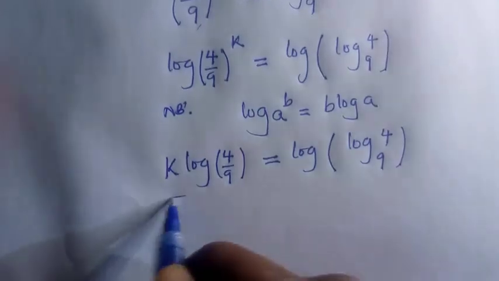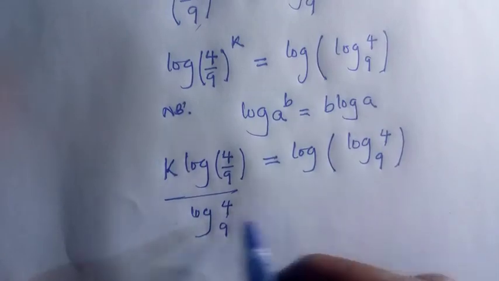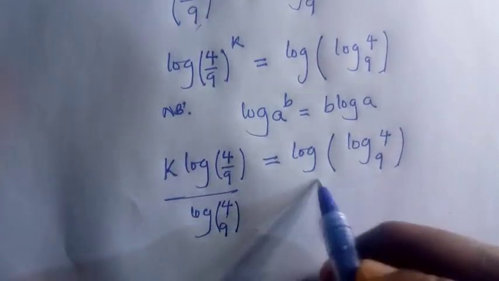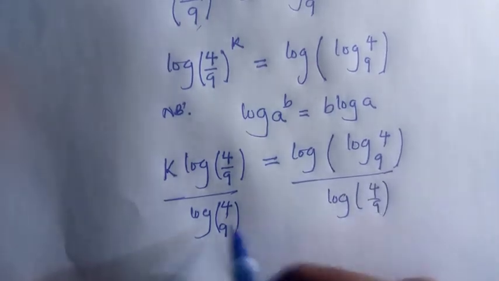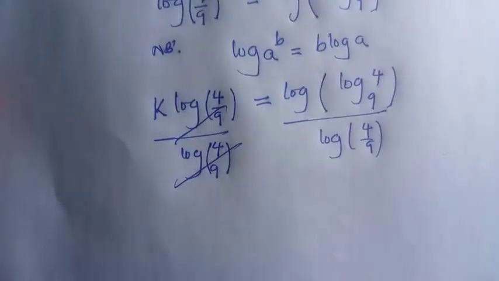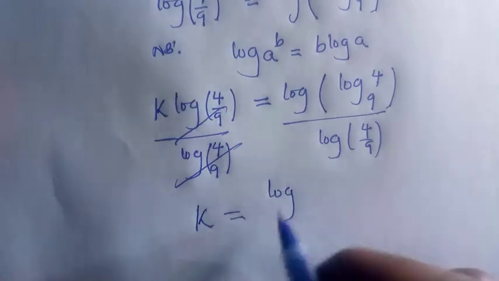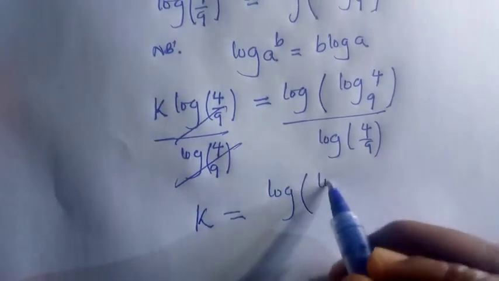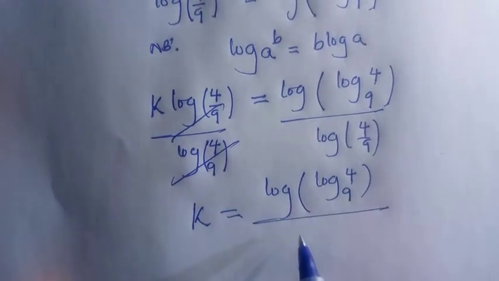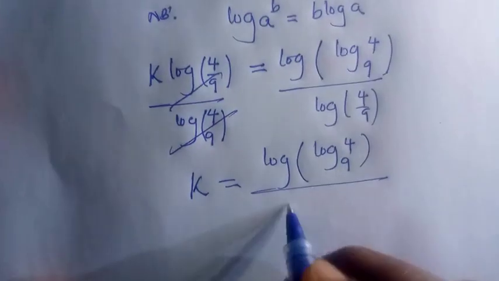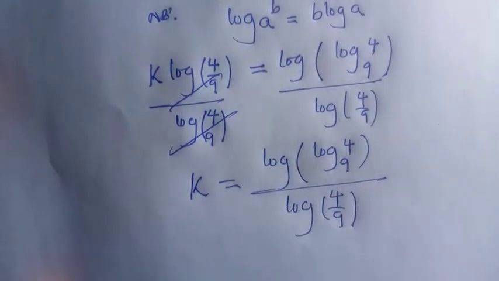And by dividing both sides by log of 4 divided by 9, this is cancelled, so that the value of k equals log of log 4 base 9 all divided by log of 4 divided by 9.